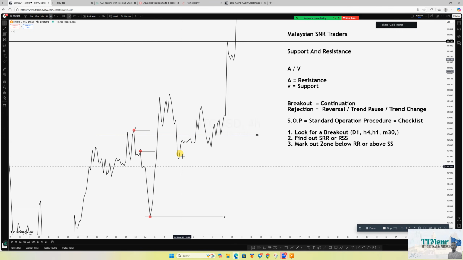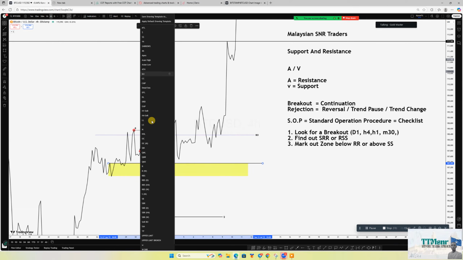So if I want a setup, since this region is very wide, my zone is also important. So this region is where I will select my zone, and my entry will be this candle's high, which creates a resistance that was broken out.